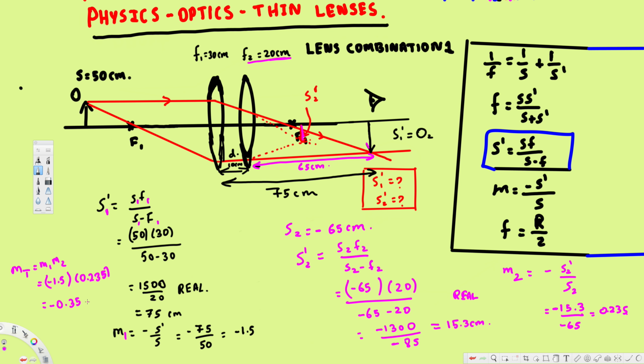So this makes sense. This is inverted related to the object, and it's also 0.35 the size of the object, so it's smaller by this much. And that's how we do this kind of problem. I hope this helps. Thanks for watching.